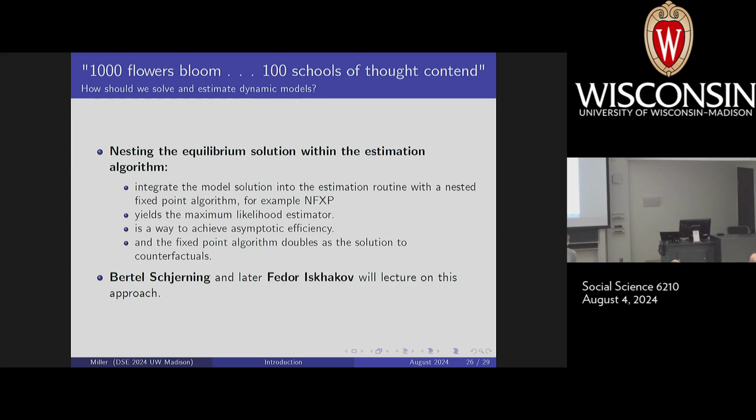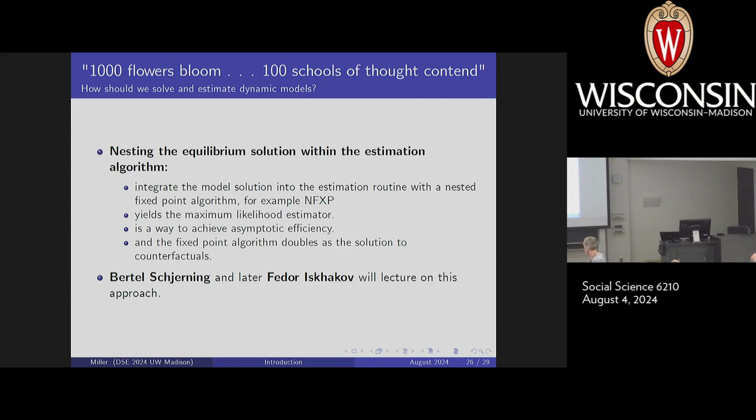Where do we go in terms of estimating the parameters for this structural econometric problem that I've just described? And there are various approaches. So let me at least indicate some of the things that have been done.